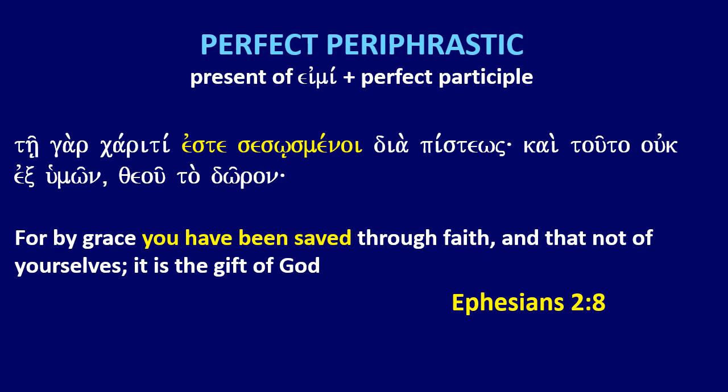And so when you've got a present indicative of eimi combined with a perfect tense participle, it forms a perfect periphrastic construction, which should be treated just like a perfect tense verb by itself. Again, this is another roundabout way of saying, in essence, the same thing as just using a perfect indicative verb, sozo.